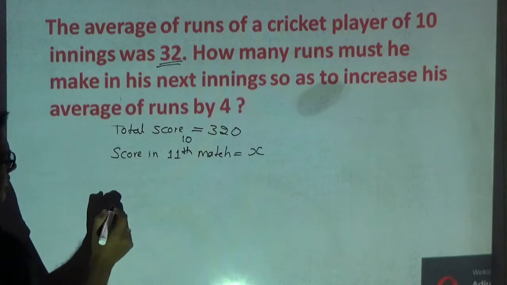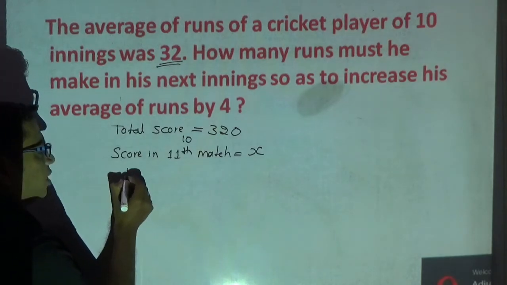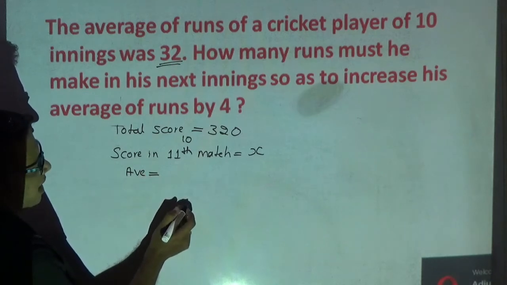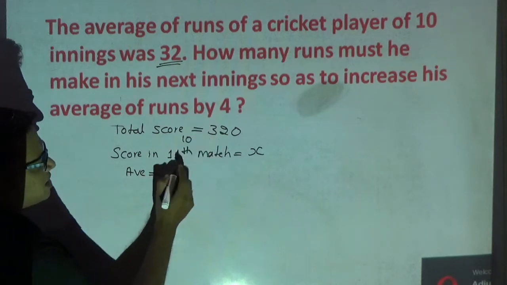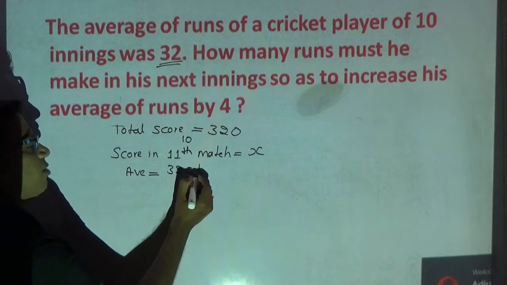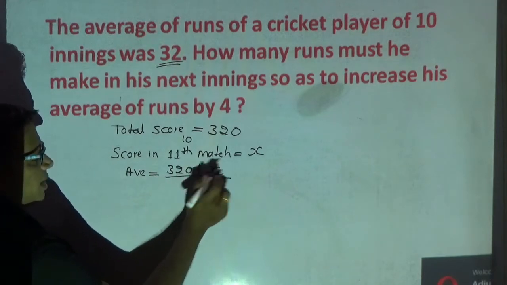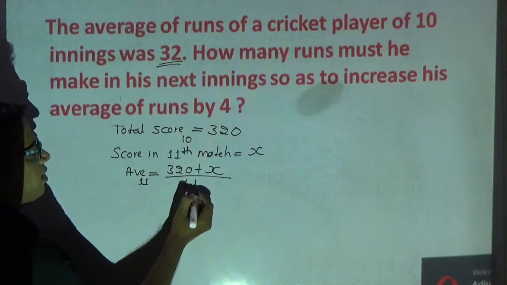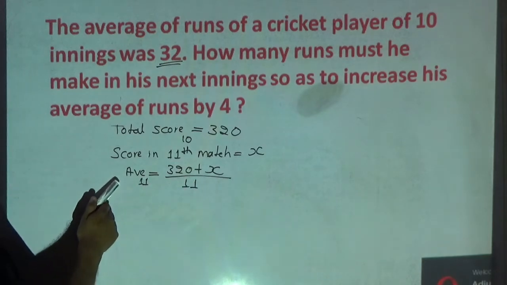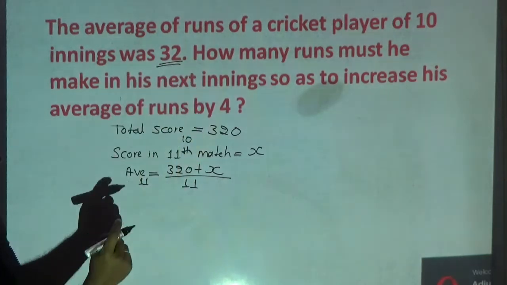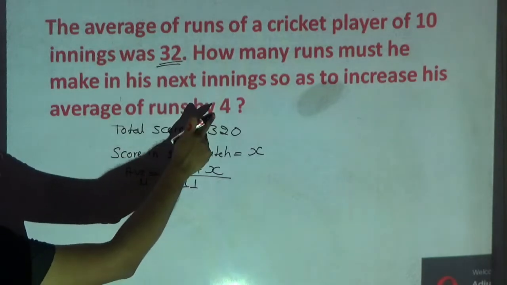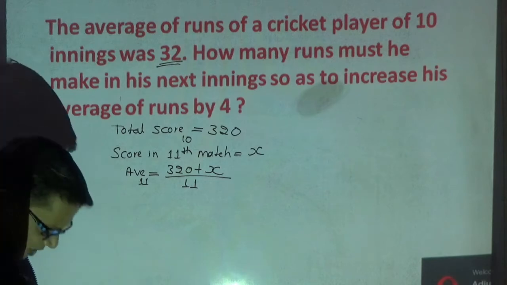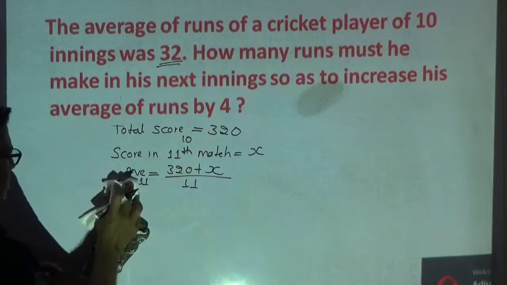Now please observe here. I know the formula for average. Average is the total score in the 11 matches, that is in 10 matches 320, plus x in the 11th match, divided by 11. What is the earlier average? 32. Now the new average increases by 4 runs. This average after 11 matches is 36, right?